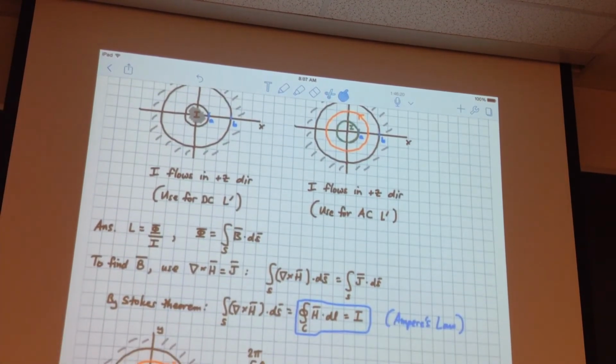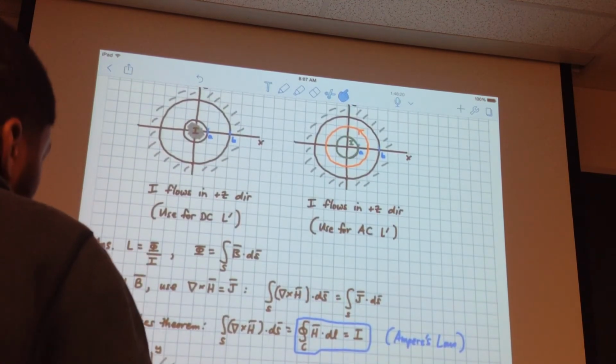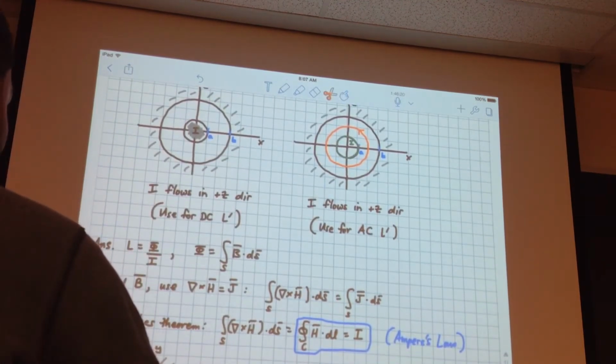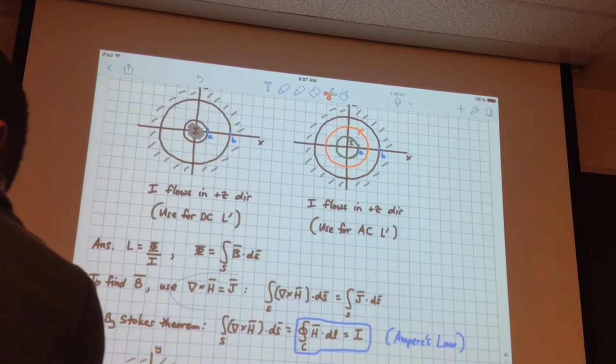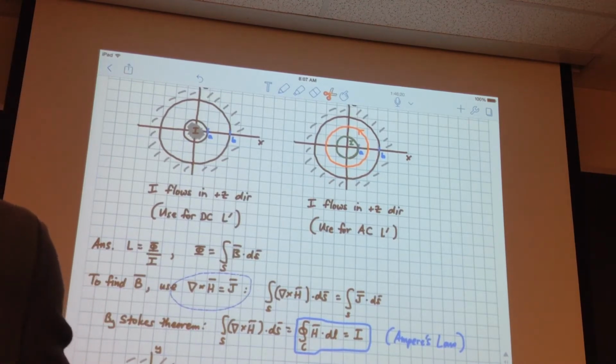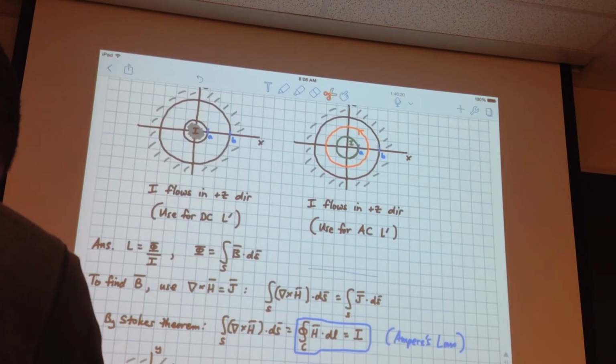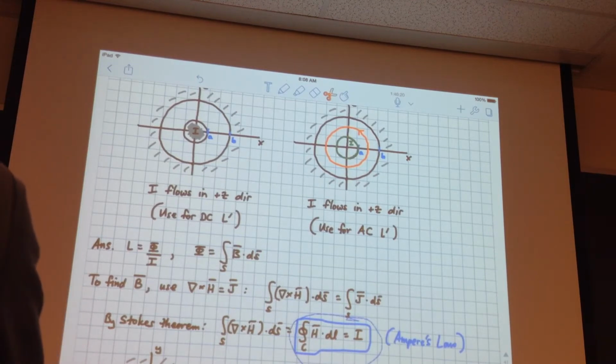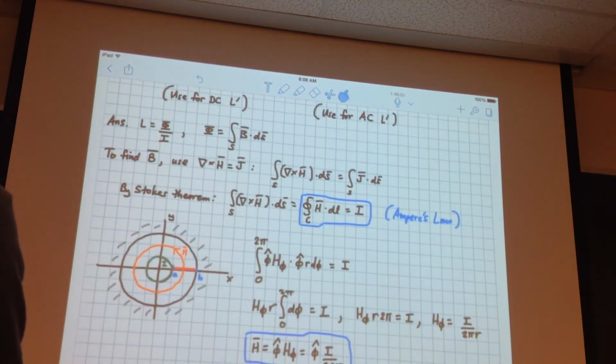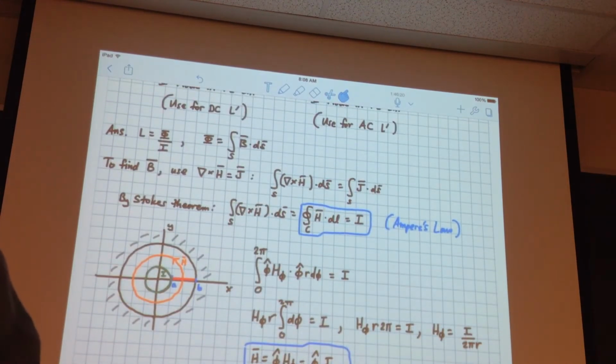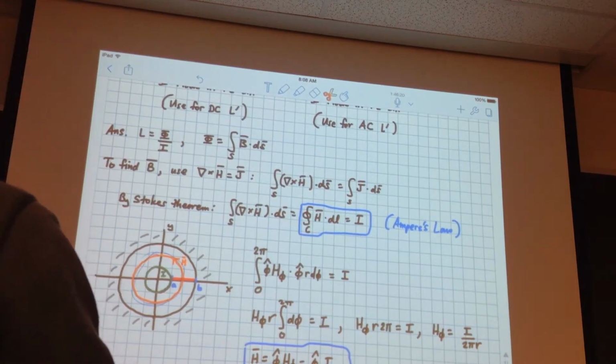Just a reminder of Ampere's law. If you want to find a magnetic field using Ampere's law, you start with the curl of H equal to J, the Maxwell equation. Take the integral of both sides over a surface and then apply Stokes' theorem. That gives you the closed contour integral of H dot dl equal to the current enclosed. To apply Ampere's law, we choose an Amperian contour, which is that contour here.